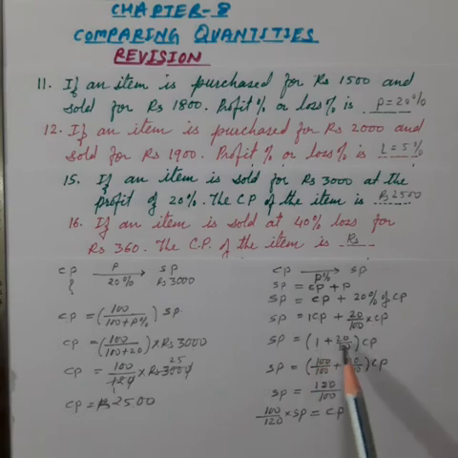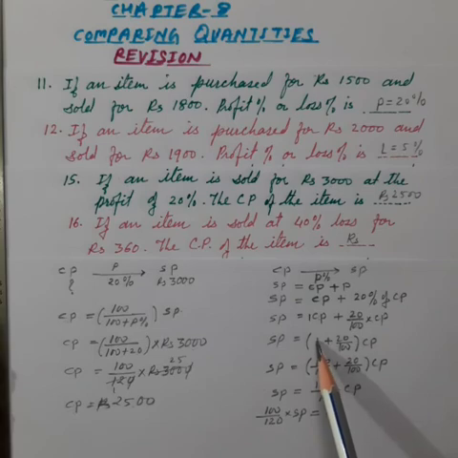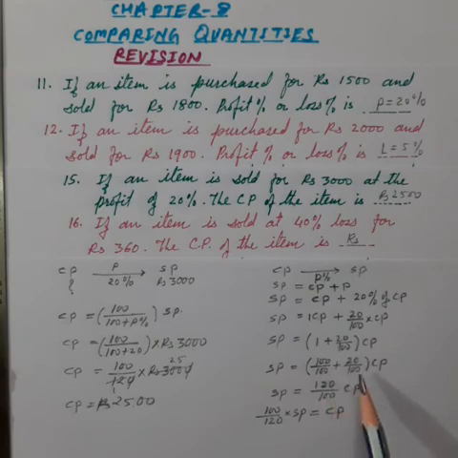For adding fractions, we want denominators same. So first write this 1 as a fraction 1 by 1 and then make the denominator 100 by multiplying this by 100 by 100. Denominators are same now. Add the numerators. 100 plus 20 is 120 by 100 cost price. Now we want to find out cost price.